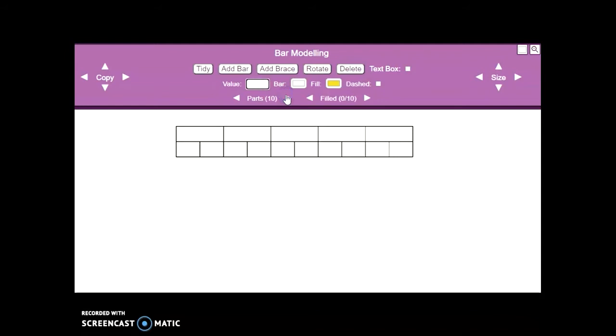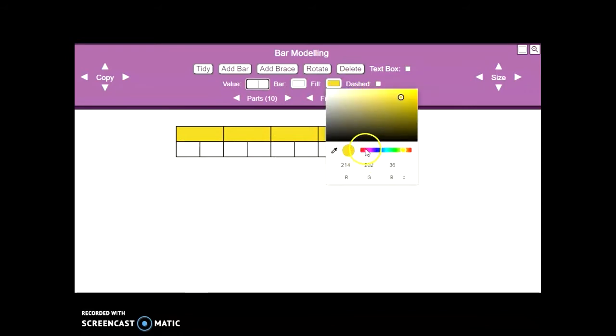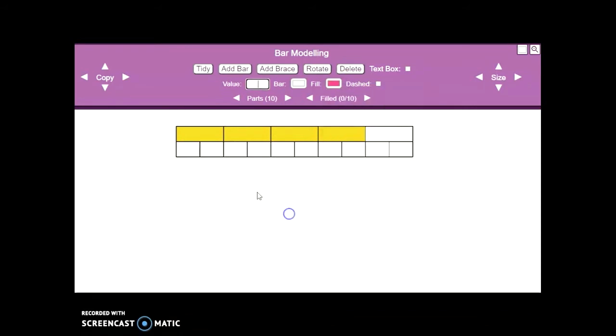Let's say this one had 10 parts, and perhaps here I wanted to see what 4/5 was the same as in tenths. I could change the colour of this if I wanted to. This time when I fill in, I'm going to see how many tenths. 2, 4, 6, 8. 8/10 is the same as 4/5. So you can use that if that helps you as well.